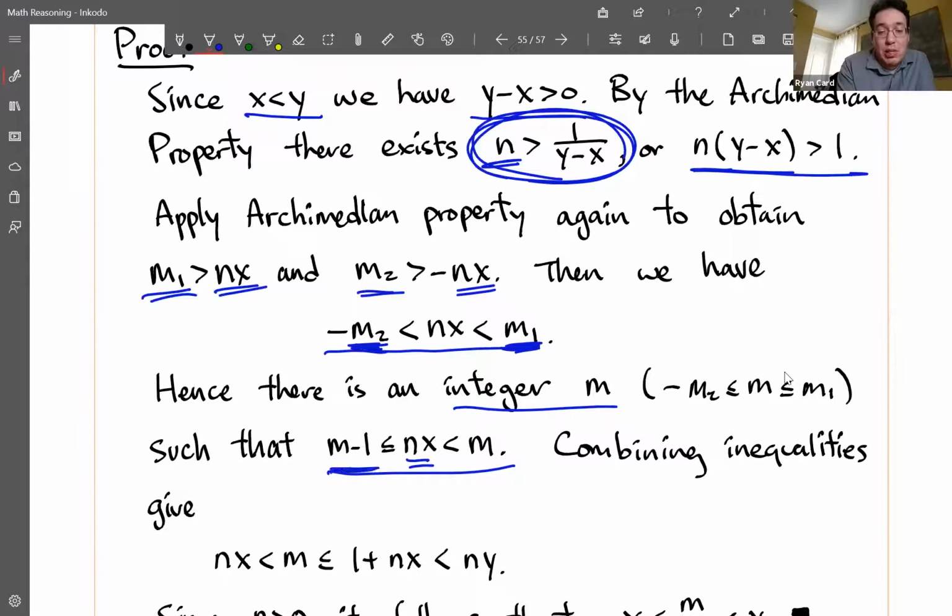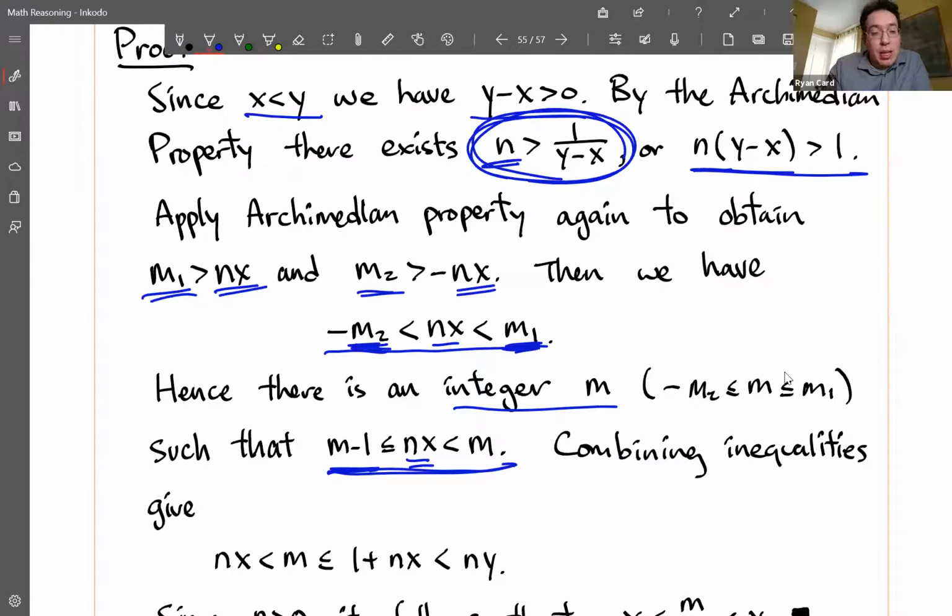So m minus 1 is the last one that is less than or equal to nx. And then if you add 1, you definitely get bigger than nx. So there's going to be a point where that happens because nx is trapped between these two. It will happen somewhere along the way.